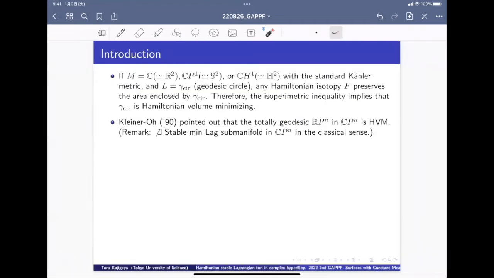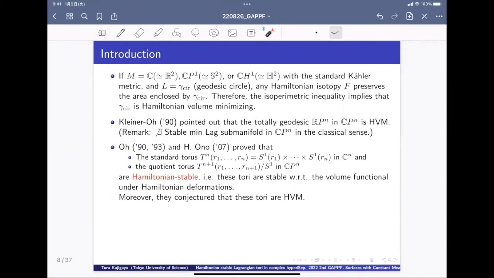As a generalization of this fact, Oh pointed out that there exists a Hamiltonian volume minimizing Lagrangian in CP^n. More precisely, the totally geodesic RP^n is such an example. We should remark that there is no stable minimal Lagrangian submanifold in CP^n in the classical sense. So this result is surprising.